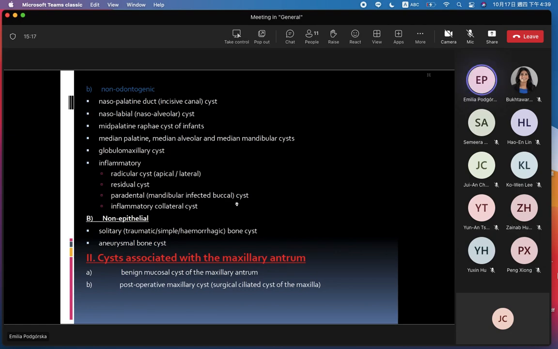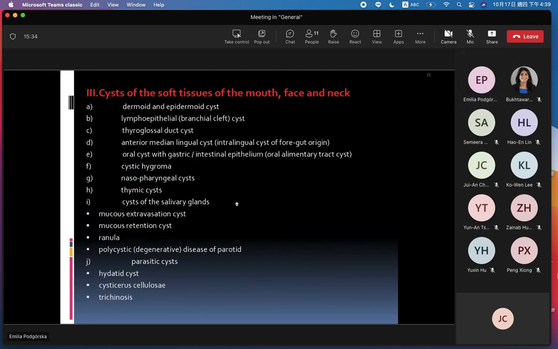We have also another huge group of cysts associated with the maxillary antrum, like benign mucosal cyst of the maxillary antrum, post-operative maxillary cysts.